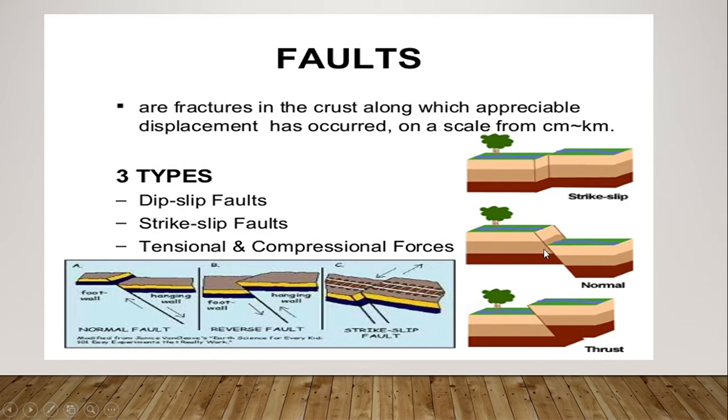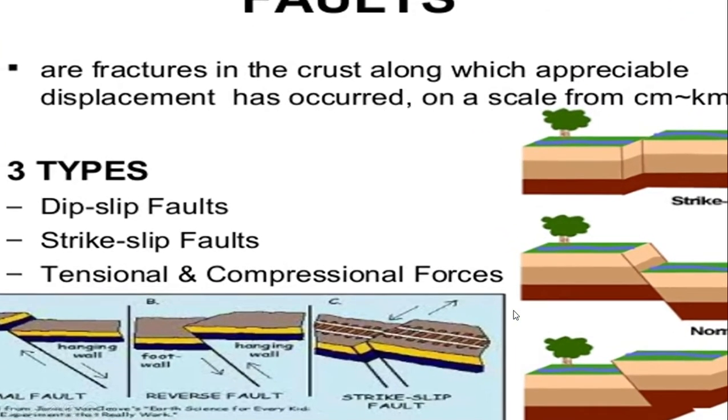In the normal fault, one side is going up on the left and the other is going down on the right, while the thrust is the opposite of the normal. The right side is going up and the left side is going down. That is a fault.